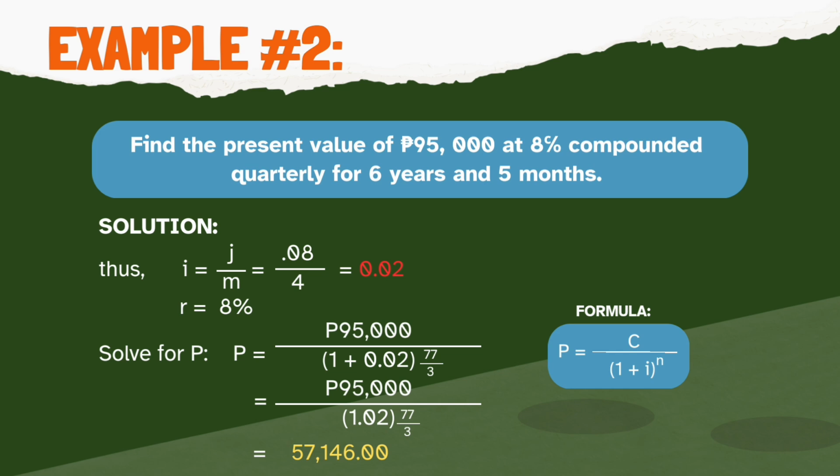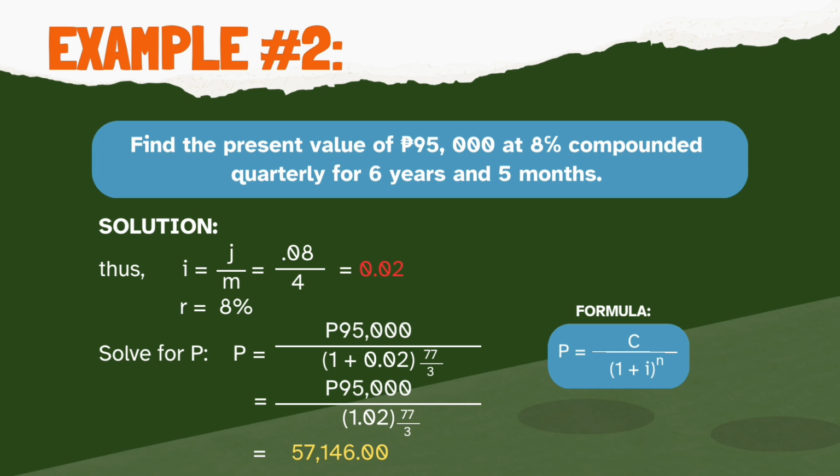Now that the formula is complete, we will solve for P, or the present value. P is equal to 95,000 over 1 plus 0.02, which is the period interest rate, raised to the power of 77 over 3, which is the total number of compounding periods.